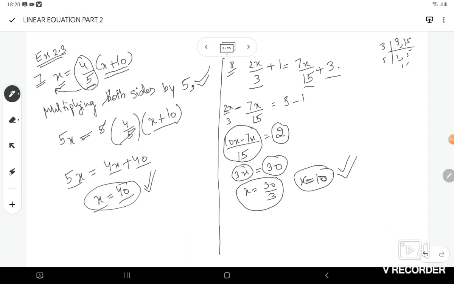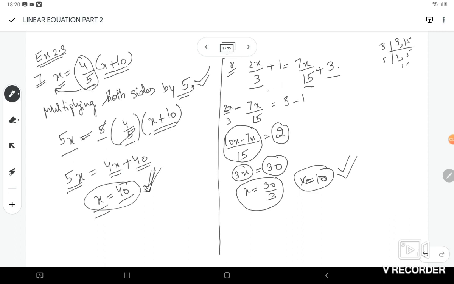You can solve using the transpositioning method as well. So we are going to multiply both sides by 5 here, which gives us 5x is equal to 5 times 4/5 of (x plus 10). Now 5x equals 4x plus 40 and x comes out to be equal to 40.